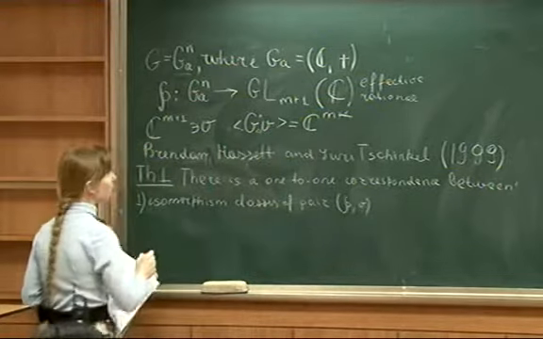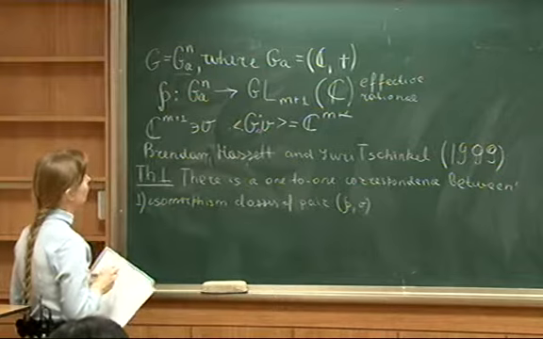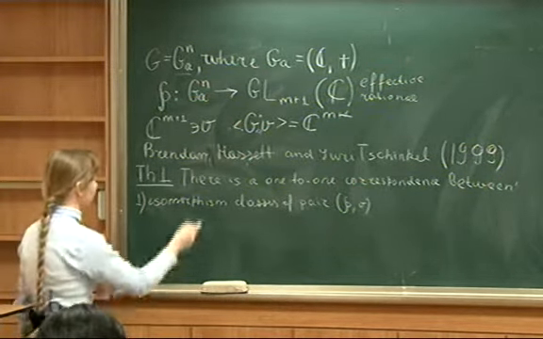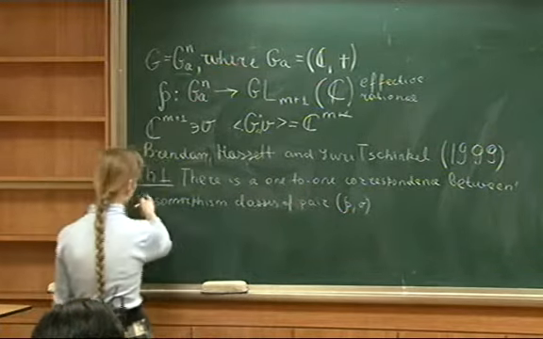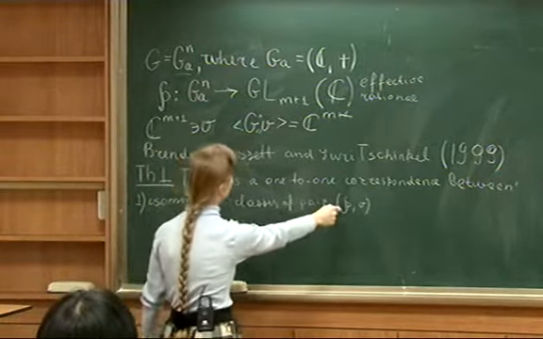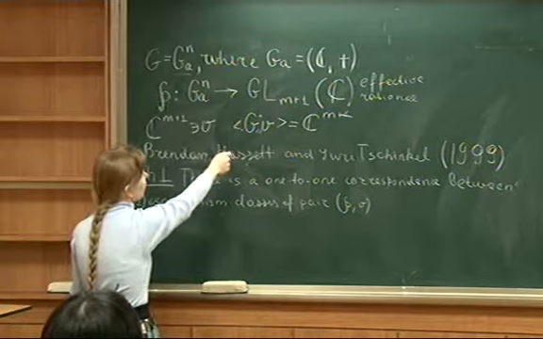The representation is given? No, we consider different representations. It is not given. There is a one-to-one correspondence between isomorphism classes of all such pairs, with any rho and any cyclic v.